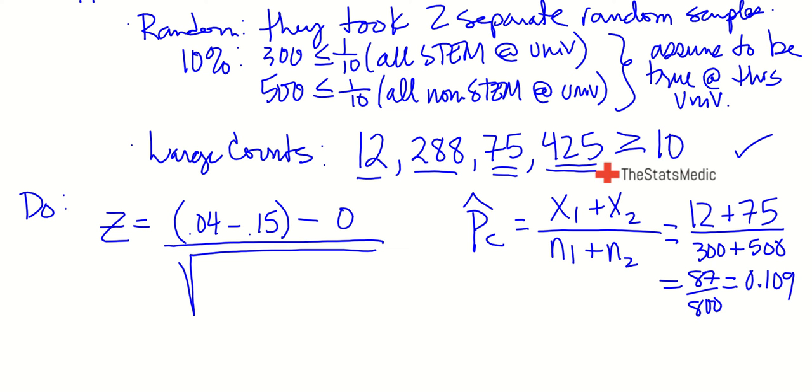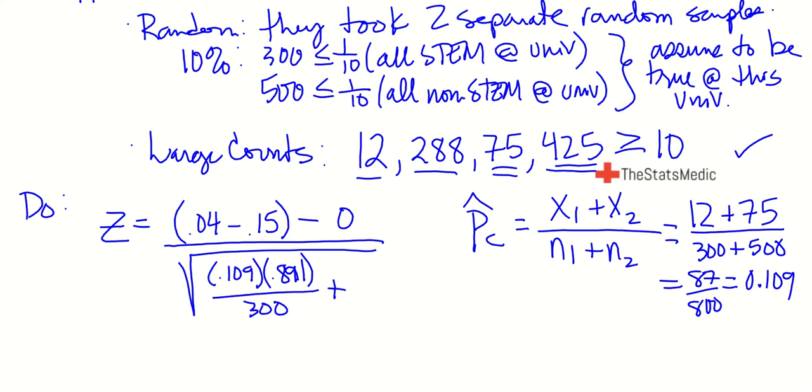So when we come in here, our formula is to use the combined proportion as the assumption for the proportions from each part. So our standard deviation is going to be that combined proportion, 0.109, times 1 minus that, which would be 0.8991, divided by the first sample size, which was 300.